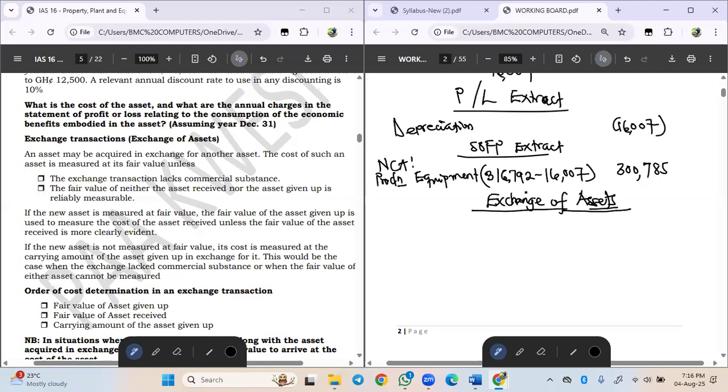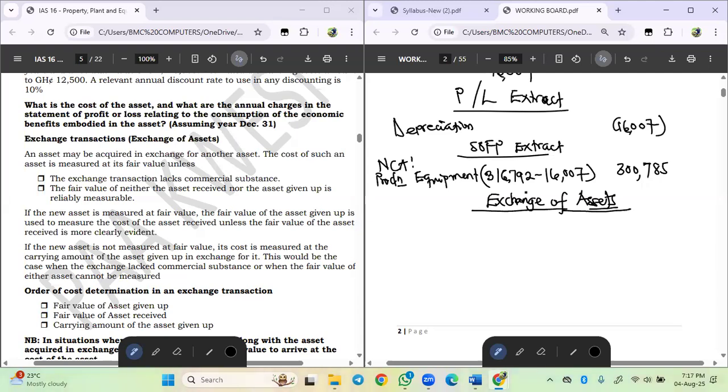You can use the term swapping. Normally we have funds you want to swap for an upgrade. The same thing, maybe a company has land, then they will exchange it for a plant, or maybe they have a certain plant, they will exchange it for land. So an asset may be acquired in exchange for another asset.